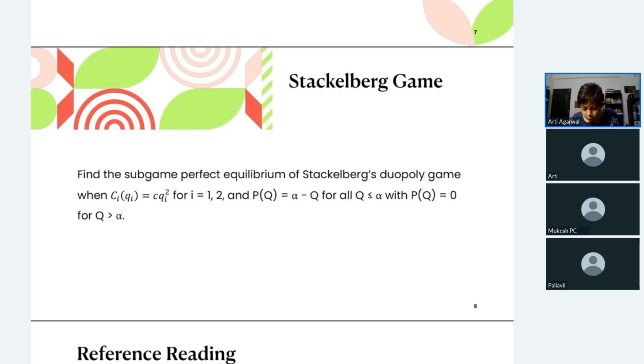So we'll do Stackelberg first, and then I'll just go over Bertrand once, because there's nothing very special about it in the sense that when the two firms are picking their prices, the quantity is given by the inverse demand function basically. I think it's there in the Osborne book, if I'm not mistaken.